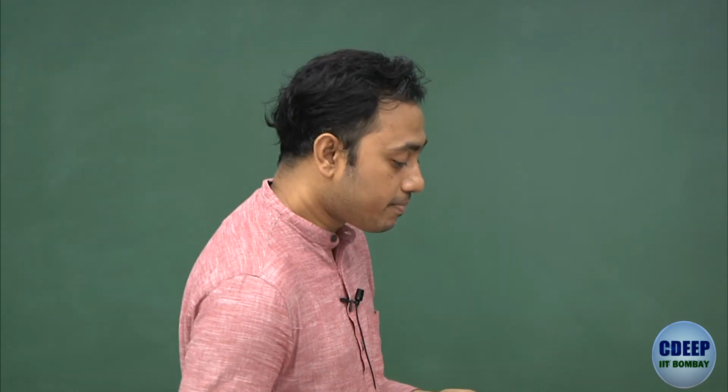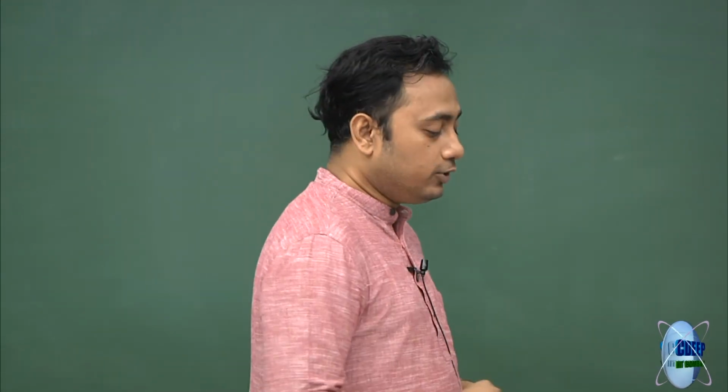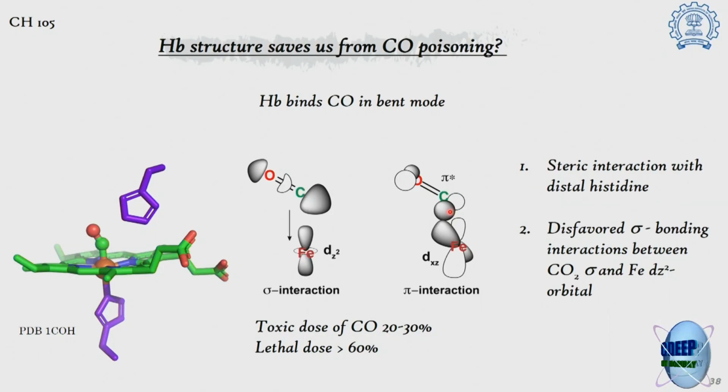And what is the effect? Carbon monoxide binding to hemoglobin is an essentially irreversible process. Once it binds there, it binds so strongly it doesn't come out. So if we have carbon monoxide in the atmosphere and we inhale it, we will die, because it will take over all the available hemoglobin, and we cannot transfer oxygen from the lungs to the cells. However, this bent binding mode actually weakens it. Otherwise, we would die even with ppm levels of carbon monoxide.